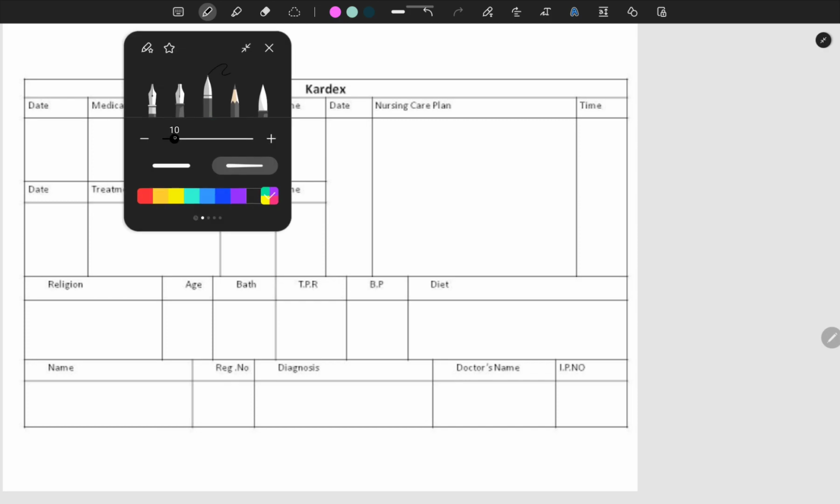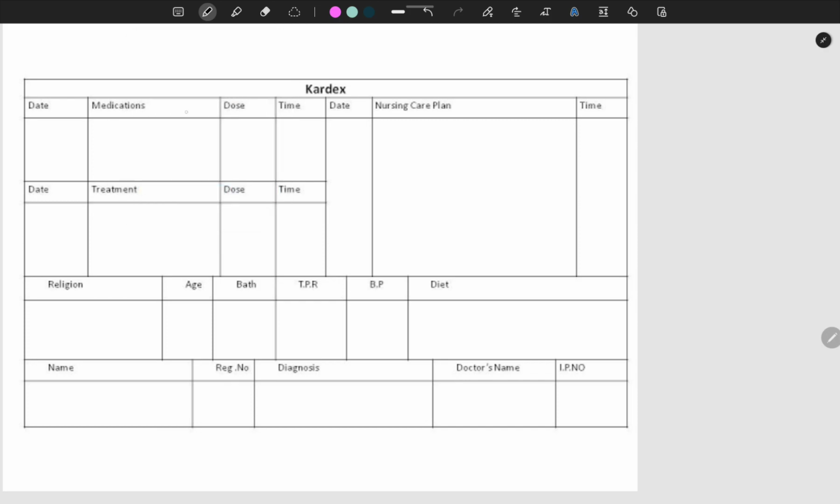Next one is the dosage. How much dosage has been advised? For example 100 mg, the doctor has advised. For example paracetamol 600 mg. So today is the 21st date, and the time, whether it is BD, TID or OD.